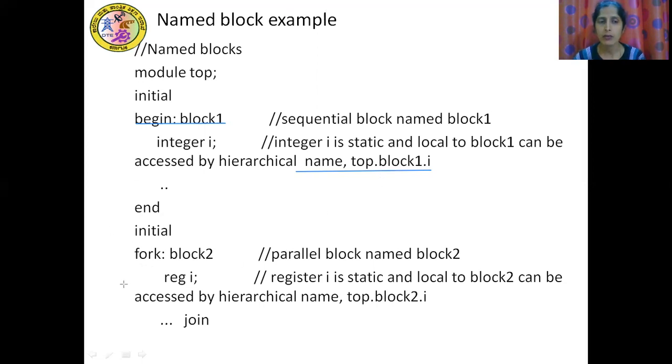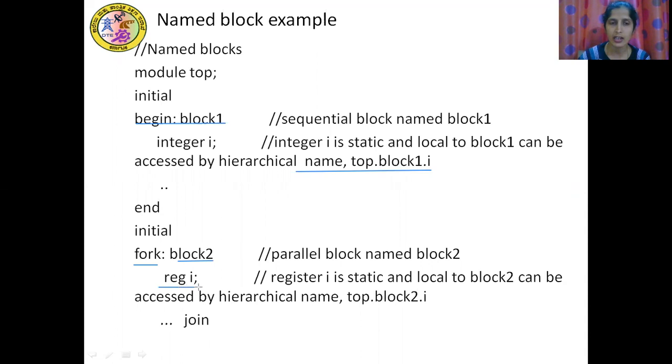Similarly, we have one more block, that is the parallel block, where statements are enclosed in between the keywords fork and join. Here the parallel block is named block 2. The keyword fork is followed by a colon, followed by the name of the block, block 2.